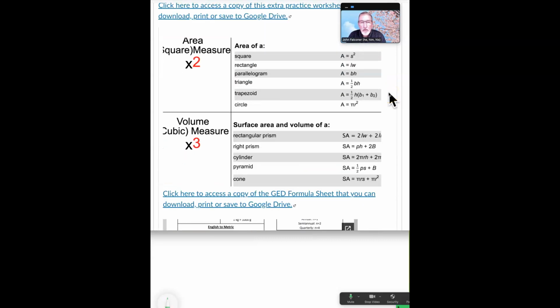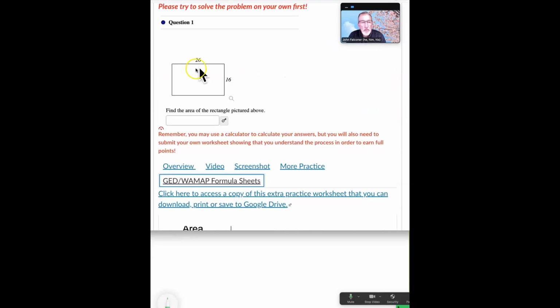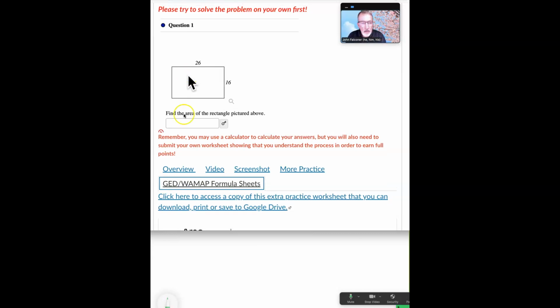And we're going to use our calculator. So let's go back up to where the problem was. They don't list units here, but we've got 26. And turn on your calculator. 26 times 16. I get 416 on my calculator, and so that would be the number that we put in this box. 416, and that should be square units.